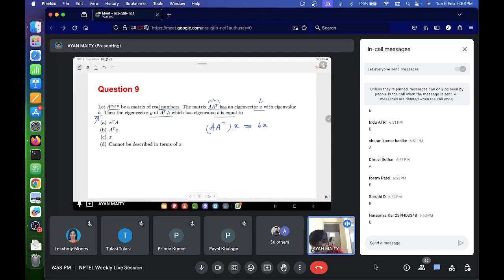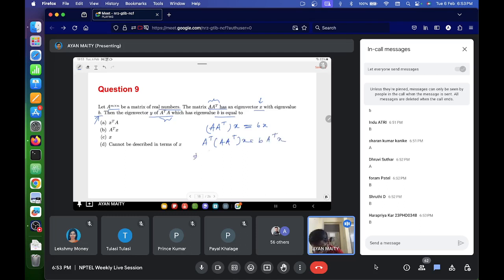Now we have to find the eigenvector of the matrix A transpose A. For that we can simply multiply A transpose to both sides of this equation. So this is what we get.